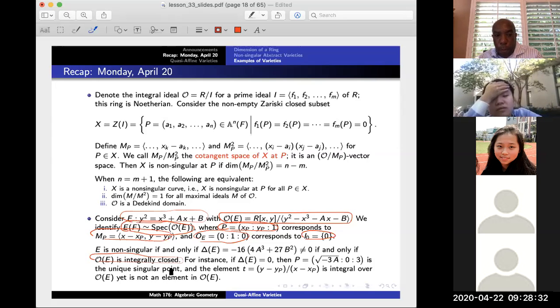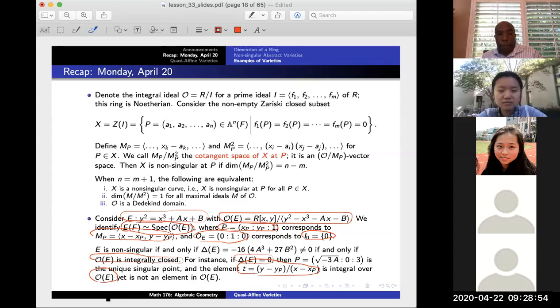So we worked this out before. If the discriminant is zero, then we actually do have a singular point. So we know that our curve is singular. And actually, you can go one further. Take a look at this element T here. So this is integral over OE, right?